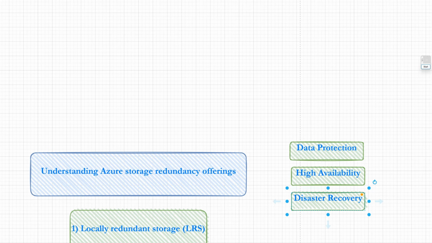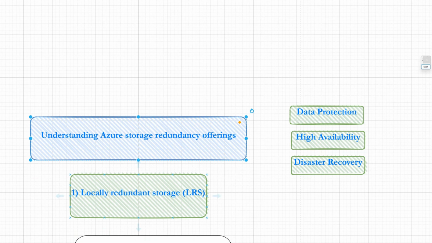Selecting the appropriate redundancy option depends on your organization's specific needs, balancing factors like cost, data availability requirements or disaster recovery objectives. So there are so many factors. Based on that, you need to select the redundancy offering which is best for your project.